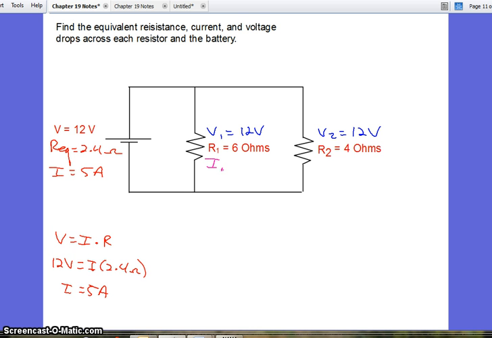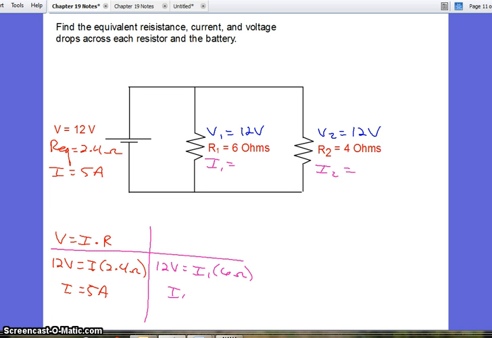So we're going to solve for the current through the first and the current through the second resistor. So V equals I times R, we have 12 volts, is equal to our unknown I, times our resistance, which is 6 ohms.